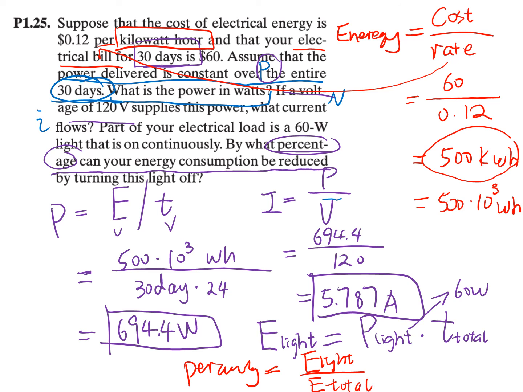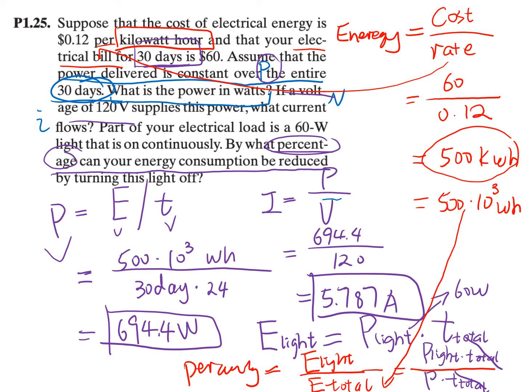The E total is the value found here, which is also equal to the P here times T total. And for the light, that's P light times T total. So the T total can be cancelled out.